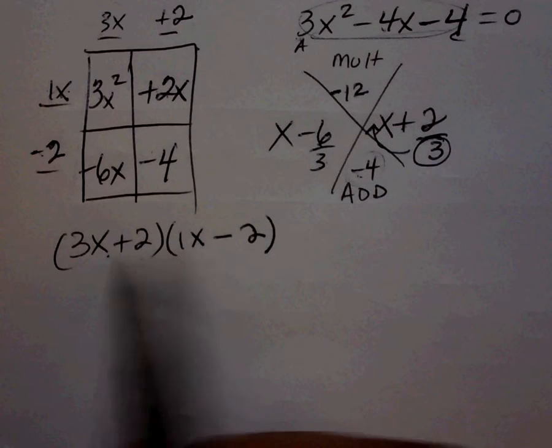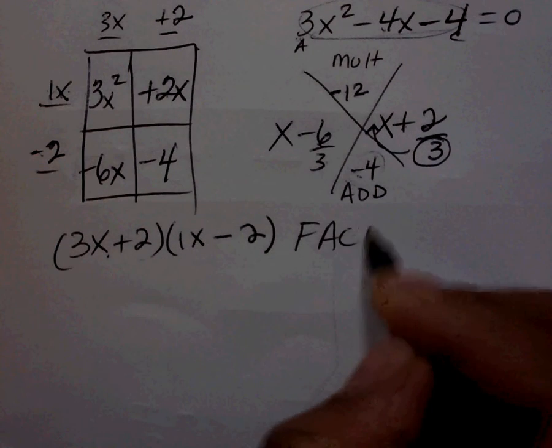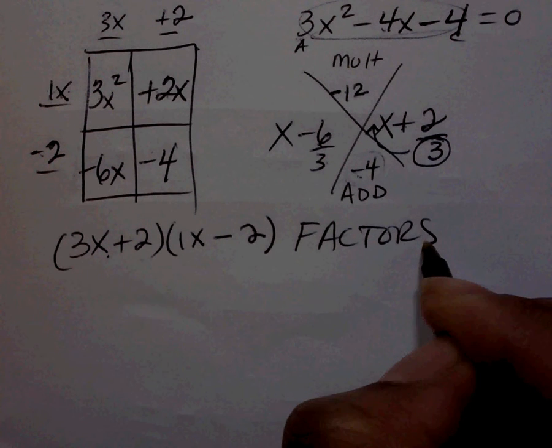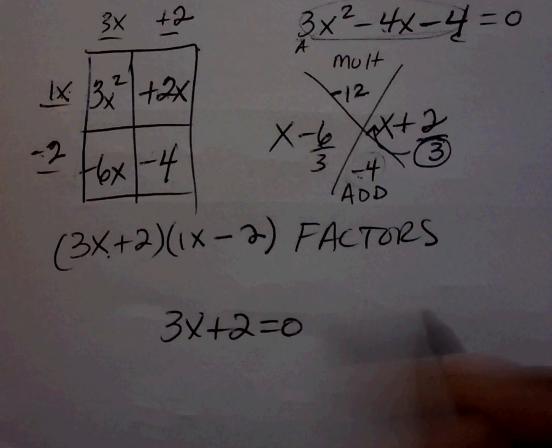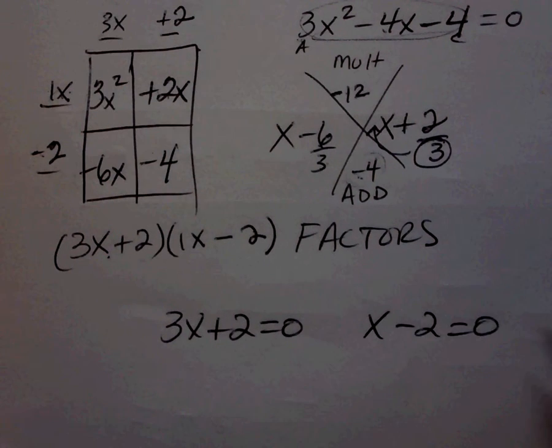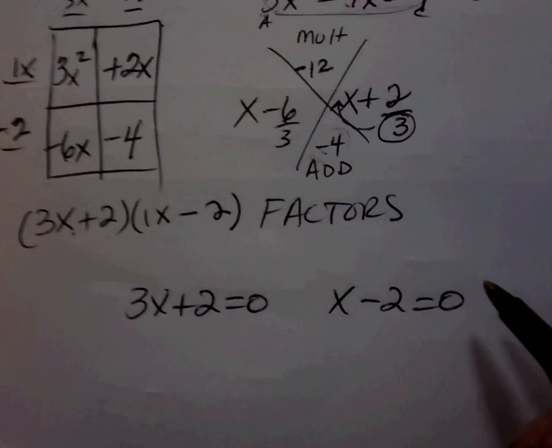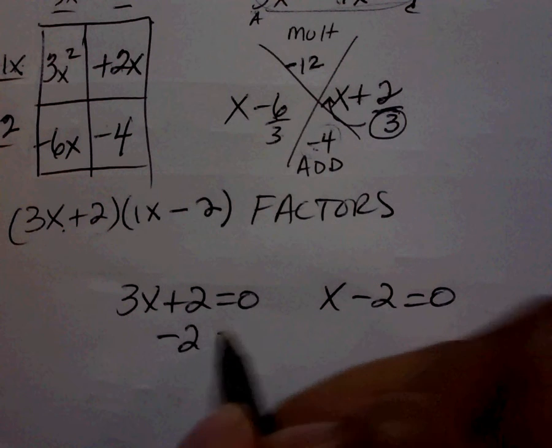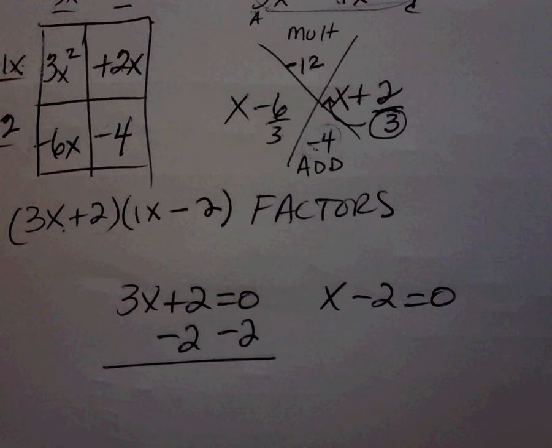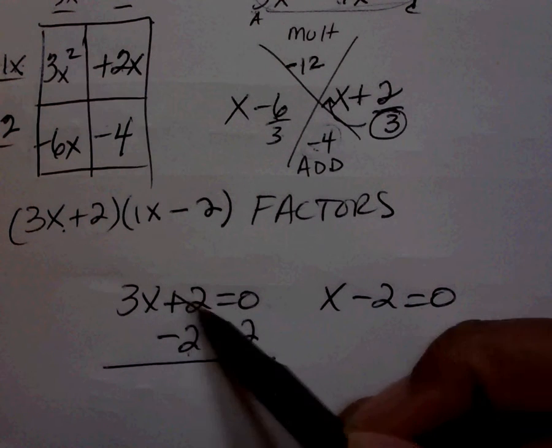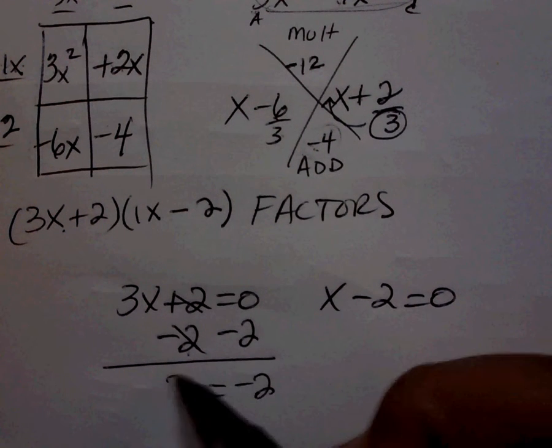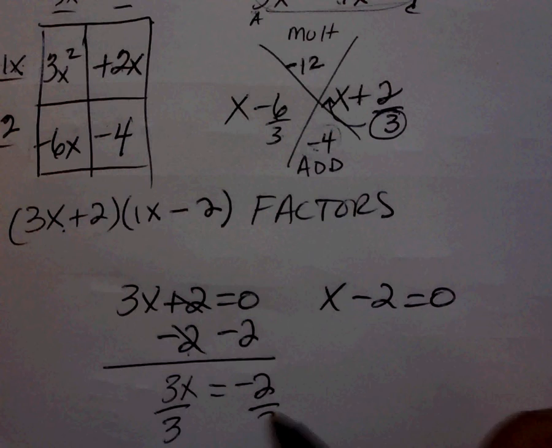Now that we have our factors, I'm going to write that down, these are factors, we can find the zeros by setting each factor equal to 0. Okay. And then we have to isolate the x by subtracting 2, doing the inverse operation. And then we divide by 3.